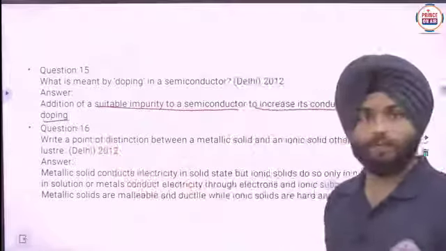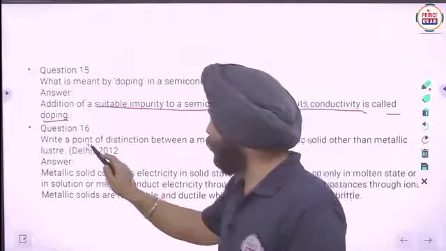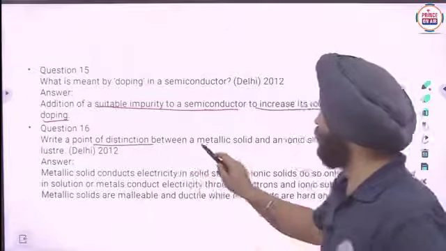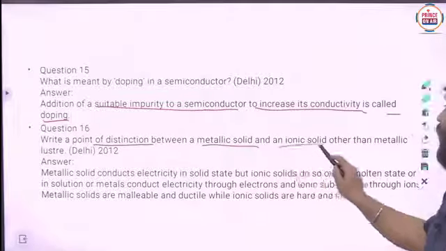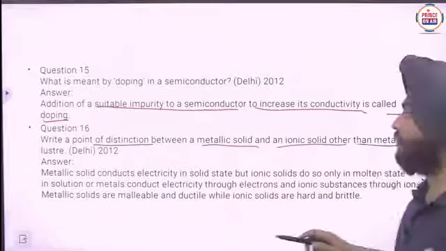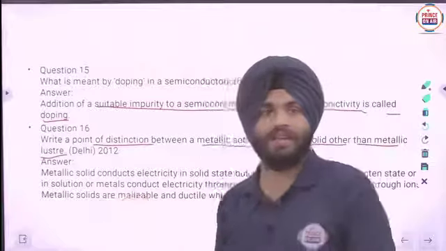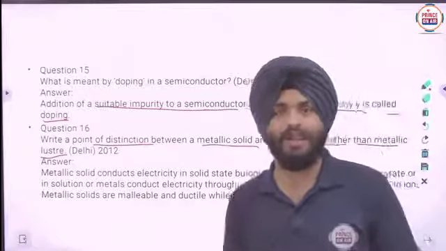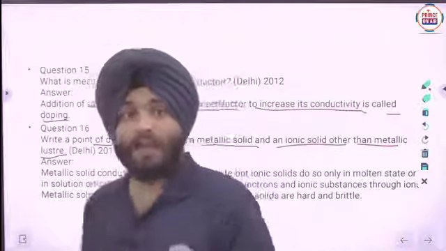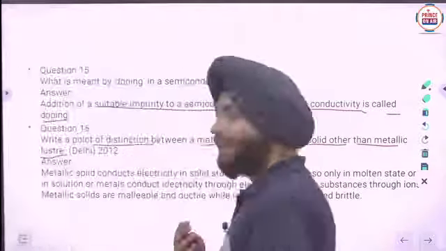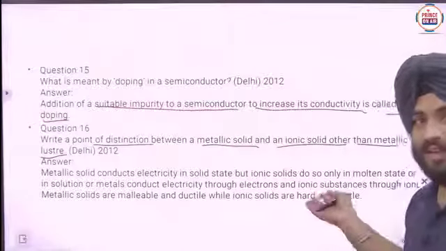Okay. Now, write a point of distinction between a metallic solid and an ionic solid other than metallic luster. Other than metallic luster, what is the main difference between the metallic solid and ionic solid? So many differences we have discussed. Once again, it was asked.